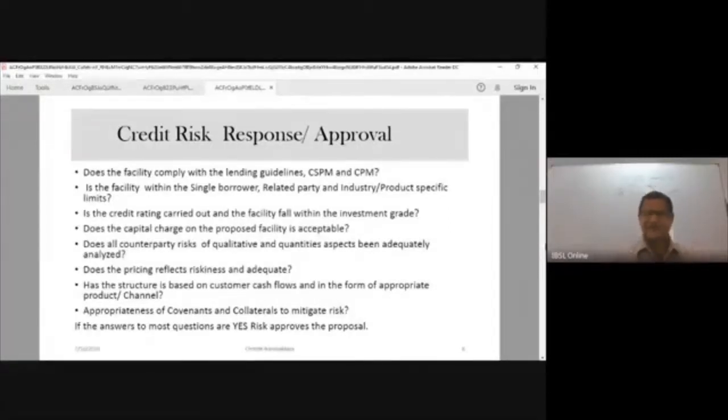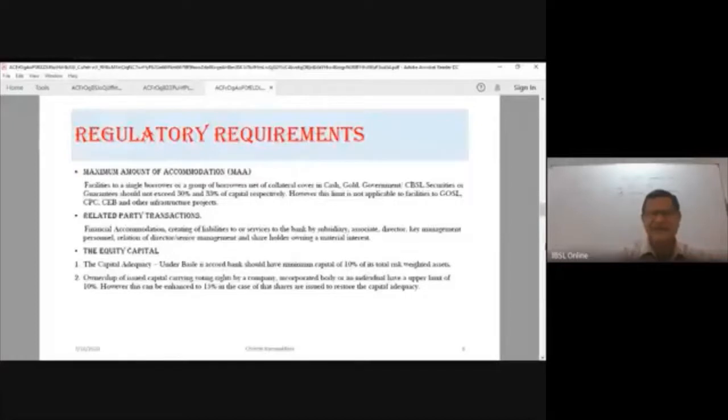So in this appraisal form, we look at whether adequate collaterals or covenants are placed in the offer letter to make sure that customers' risks are mitigated. If answers to most of the questions are yes, what the risk department does on that appraisal form is give their approval. So this is how the risk department participates in the credit approval process.